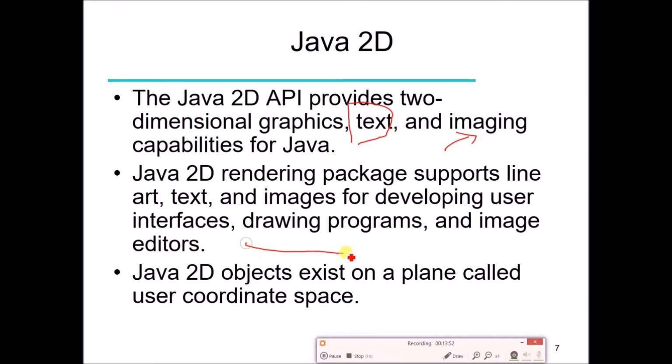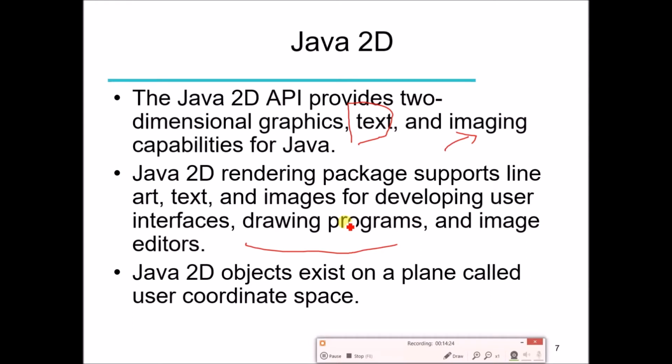And of course, drawing programs in which the user can draw different shapes. We can develop the interface for these programs where there is an area in which the user can draw by choosing a given shape. For example, in another panel there is a menu which provides shapes like a rectangle, a triangle, a line. The user can click on that shape and then draw it in the drawing area.